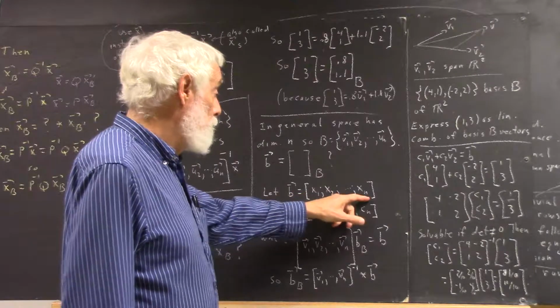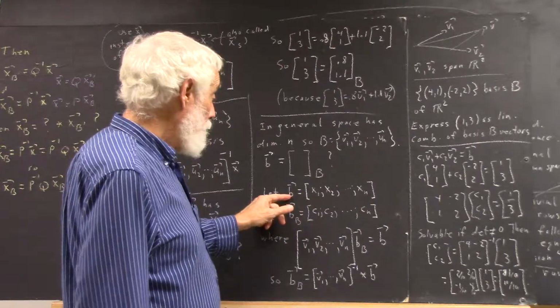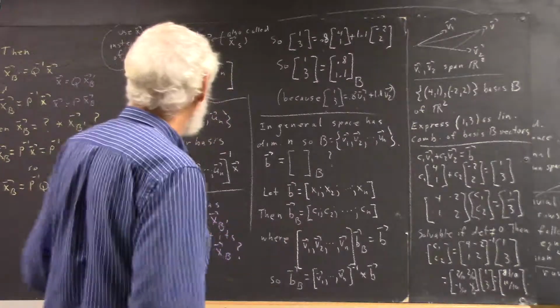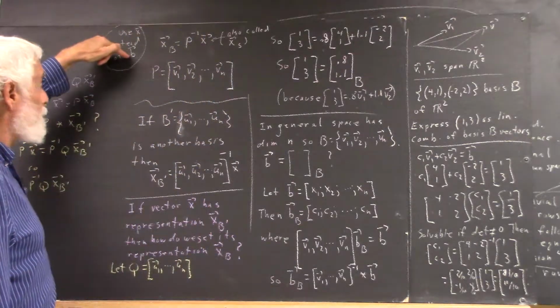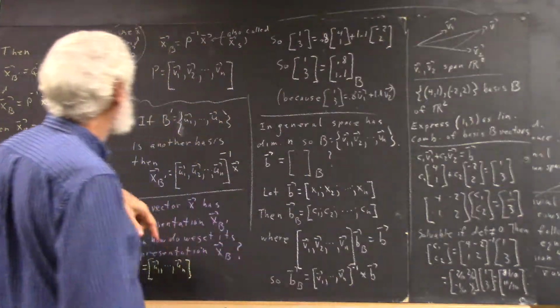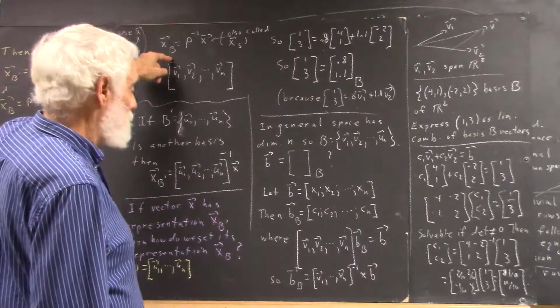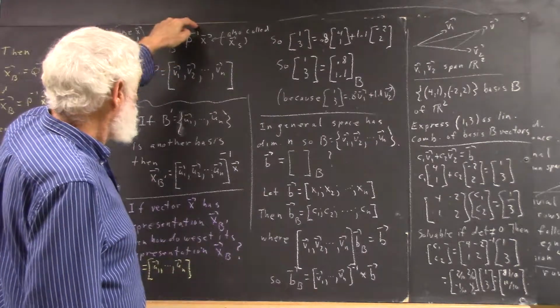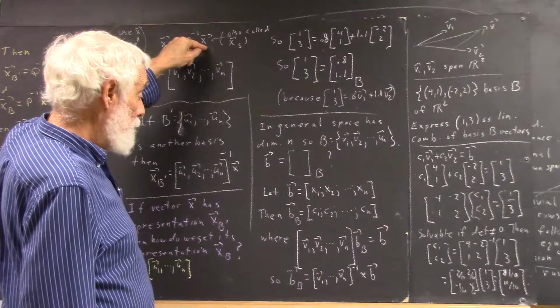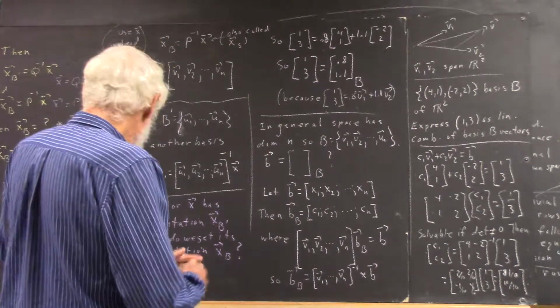I made it x1 through xn. So let's call this x, and let's call this x sub b. So now, we're going to use x instead of b. So writing the same thing here, we have x sub b equals the inverse of a matrix, and we'll call this matrix P, times x. Okay, so we've just replaced.